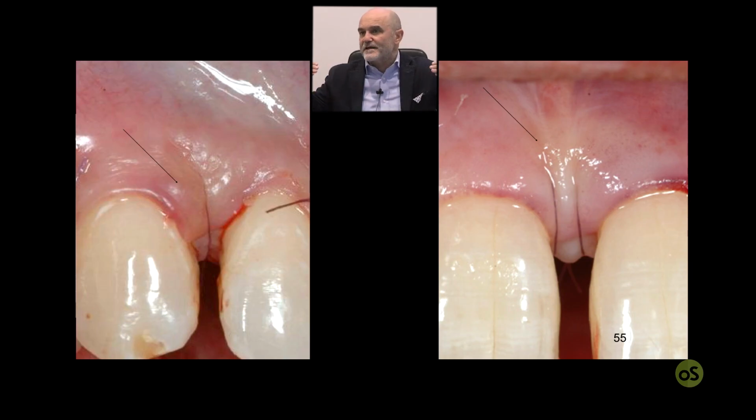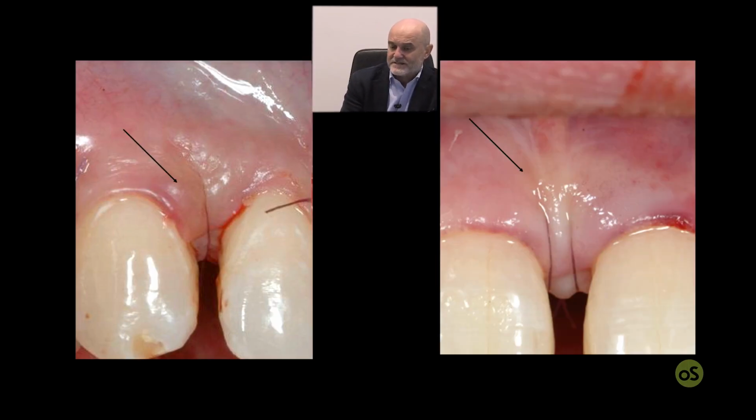It depends only on the position of the adjacent desepithelialized anatomic papillae. So where these two tissues close to each other is not influenced by the biomaterial, so you cannot use any biomaterials because you don't need any biomaterials to sustain this, and it does not depend on where the bone crest is. The bone crest is here, the bone crest is there.